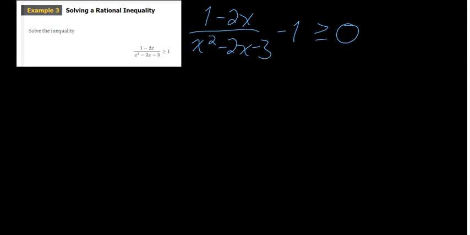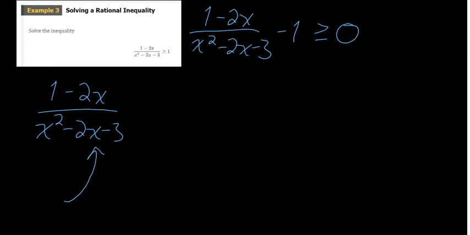So this first page is going to be dedicated to doing that. Let's rewrite the left one. We have 1 minus 2x over x squared minus 2x minus 3. All right, so how can I rewrite 1 as a number with a denominator of x squared minus 2x minus 3? Well, that's pretty easy, right?